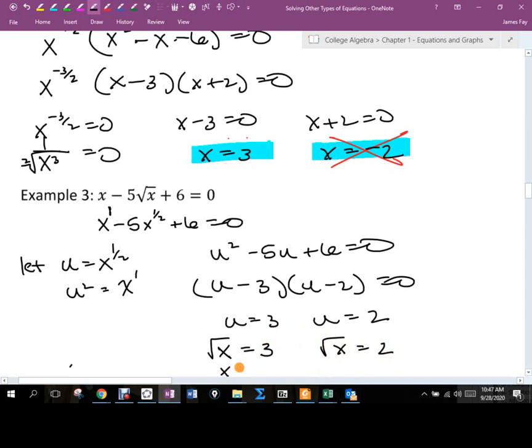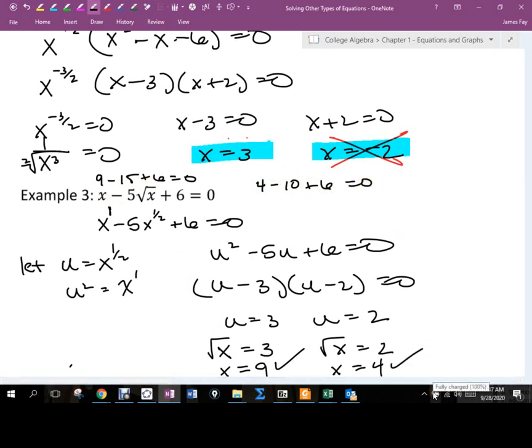So x would be 9 and 4. And I just got to check them. So 9 minus 15 plus 6, does that give me 0? 9 works. If I go 4 minus 10 plus 6, does that give me 0? So that works. Is that all right? Okay.